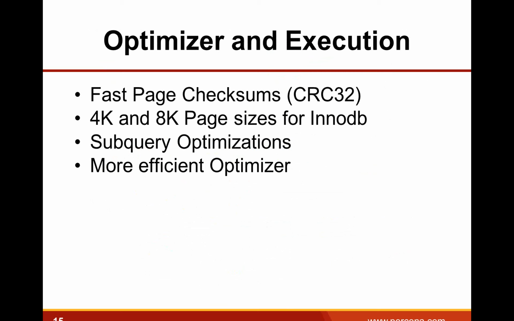So query optimizations. This is another topic which I would guess could deserve a whole other presentation. There is a large number of subquery optimizations, and I think the better way to put that is there are finally subquery optimizations in MySQL, starting with MySQL 5.6.